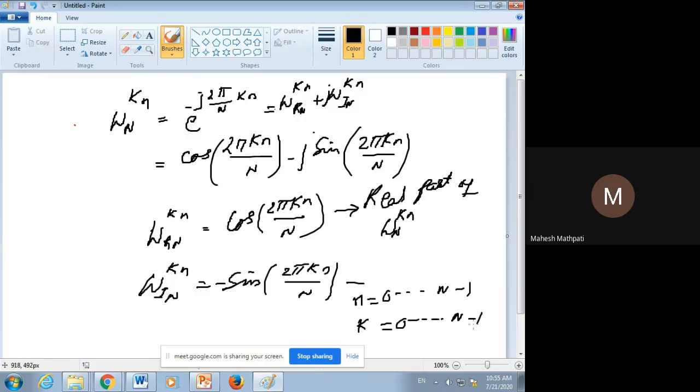Hence, for simultaneous variation of k and n, W_N to the power kn takes N into N, that is capital N into n, which is equal to N squared different values.